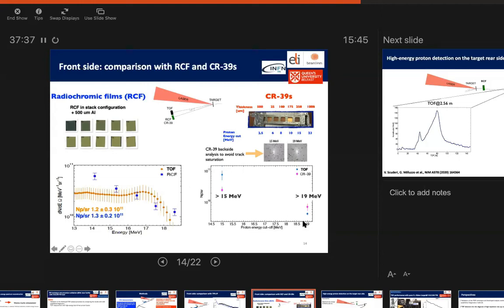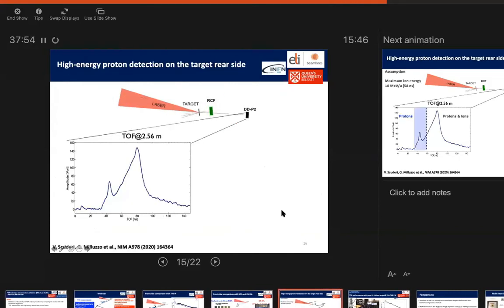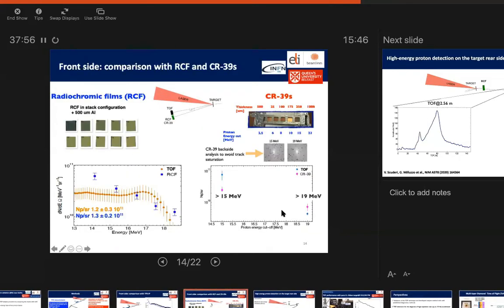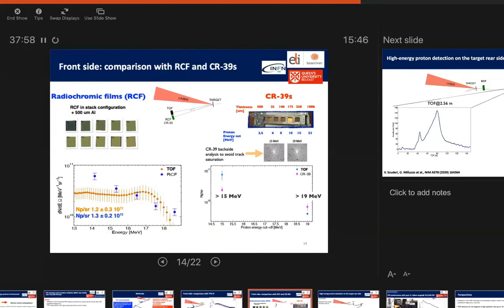You remember we talked about this? Yeah. This is the number of tracks corresponding to the different cuts, so to the different filters, and the comparison. But there is an angle dependency. It's more difficult here to compare time of flight to CR39, because the time of flight is a point. CR39 is huge.